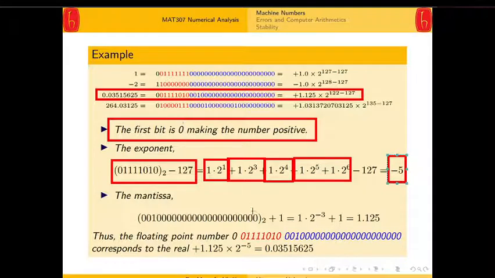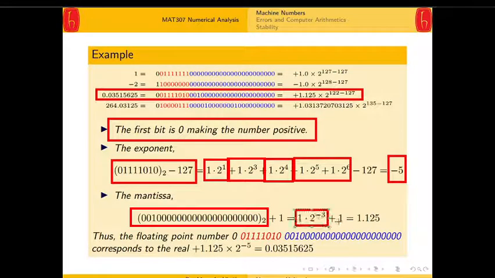So this will be this number in decimal system plus 1, because we have the hidden 1 in the mantissa. So this will be basically 1 plus 2 to the -1, 2 to the -2, 2 to the -3, which is here. So this will be 2 to the -3 plus 1, which is basically 1.125.